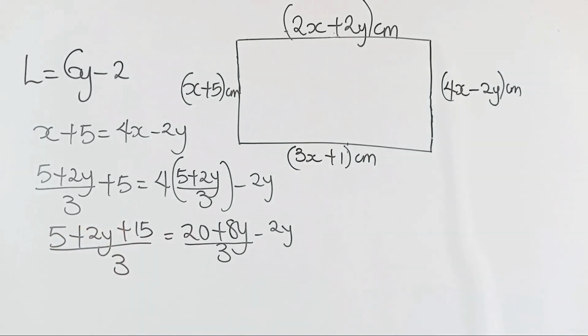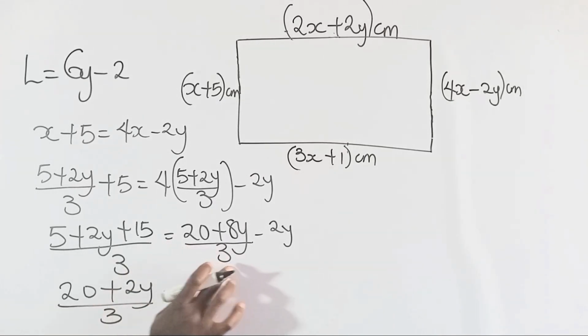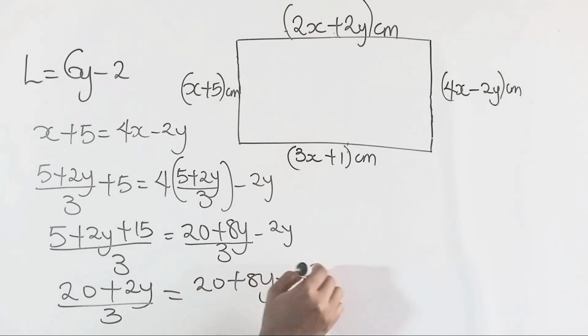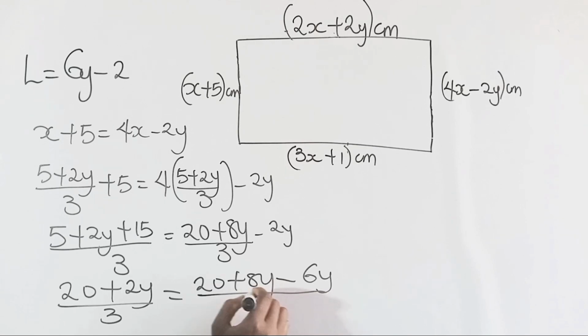If we group the like terms here, we have 20 plus 2y all over 3 equals, here we have to use this LCM to multiply each of the terms, we have 20 plus 8y minus 6y all over 3.